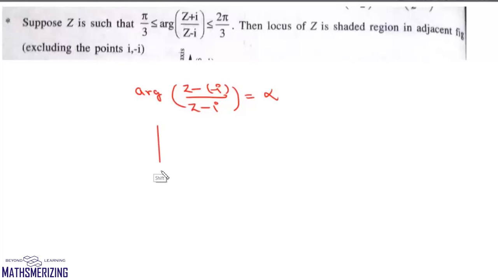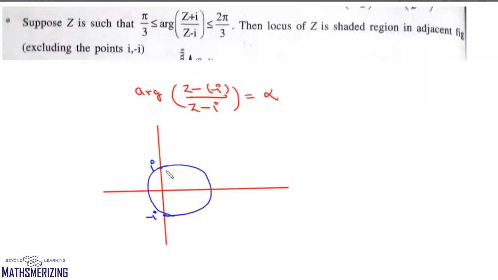So what we'll do is we'll draw the axis and then we have 2 points, iota and minus iota. Now we consider a circle passing through iota and minus iota. Then at any point z, this is z minus of minus iota, z minus iota, and this angle will be alpha.